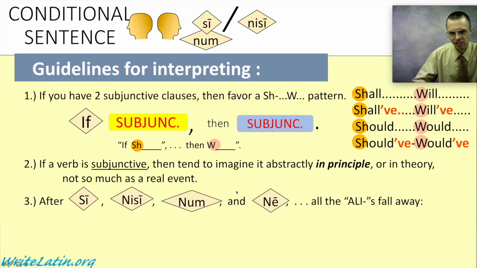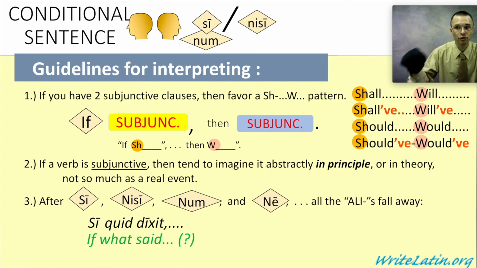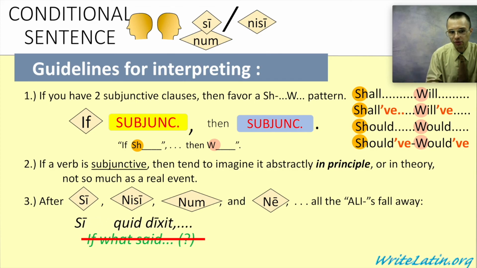After si, nisi, num, and ne, all the alleys fall away. So if you run into something like this in a sentence, and you're trying to translate it, and it's something like if what said, or if said what, and it doesn't make sense, remember this rule. After si, nisi, num, and ne, all the alleys fall away. So there's probably a hidden alley in there.